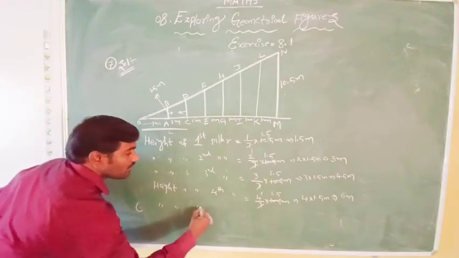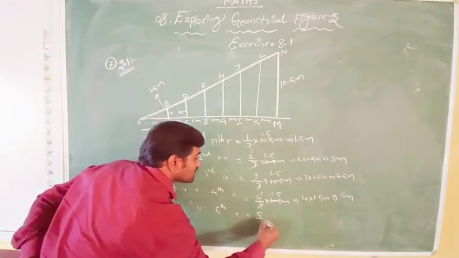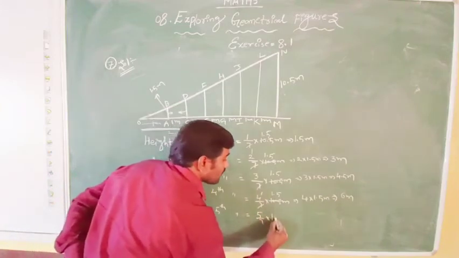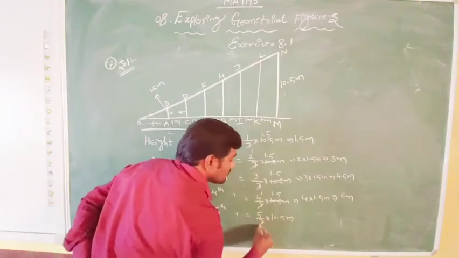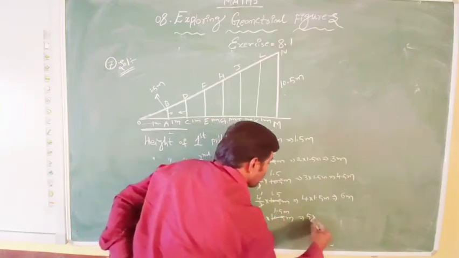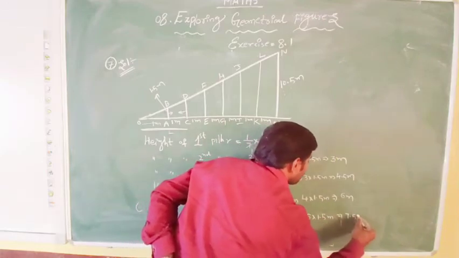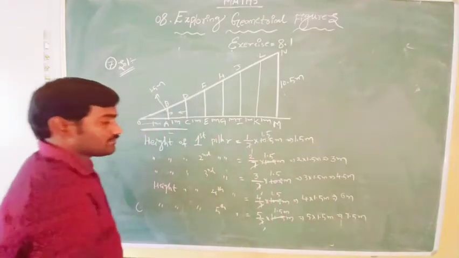Then the height of the fifth pillar equals 5 by 7 into 10.5 meters. 7 ones are 7, 1.5 meters, that equals 5 into 1.5 meters, that equals 7.5 meters.